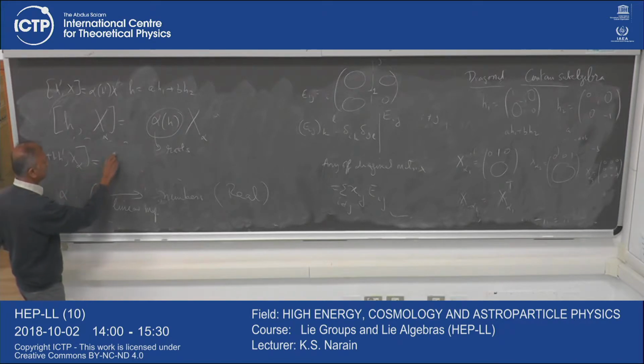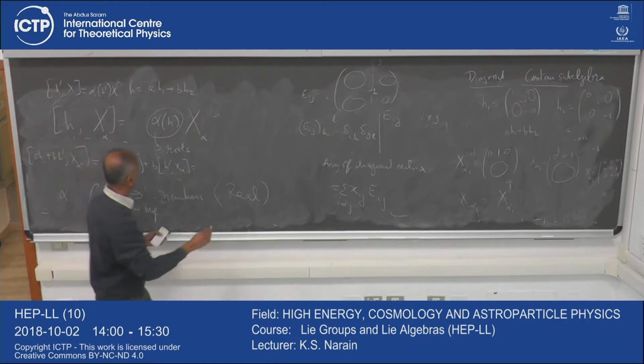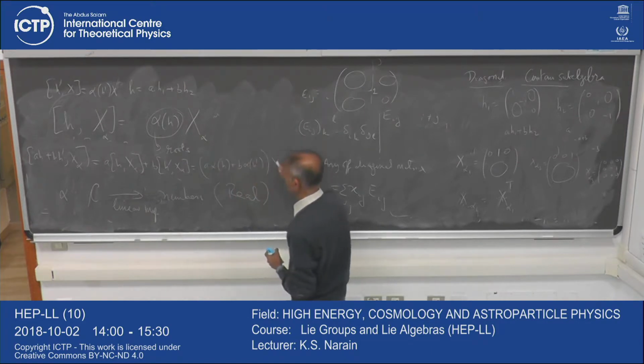So you'll get A, H, X alpha plus B, H prime, X alpha, which will be A alpha of H plus B alpha of H prime, the whole thing multiplying X alpha, right?